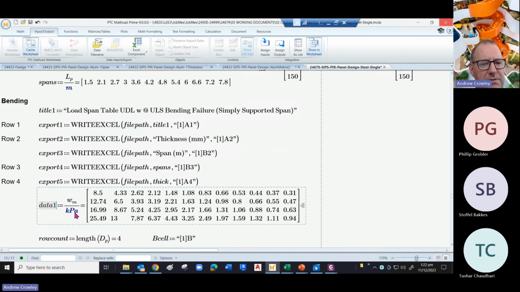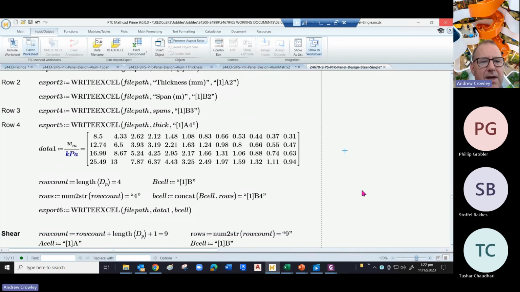Again, we strip out the units. So we're looking at the bending, which is WM. We divide it by kilopascals to get out the raw data. And then we do basic programming. We count the rows, which is the length of the matrix. And then we add the rows and turn it into a string by using the num to string function in Mathcad.